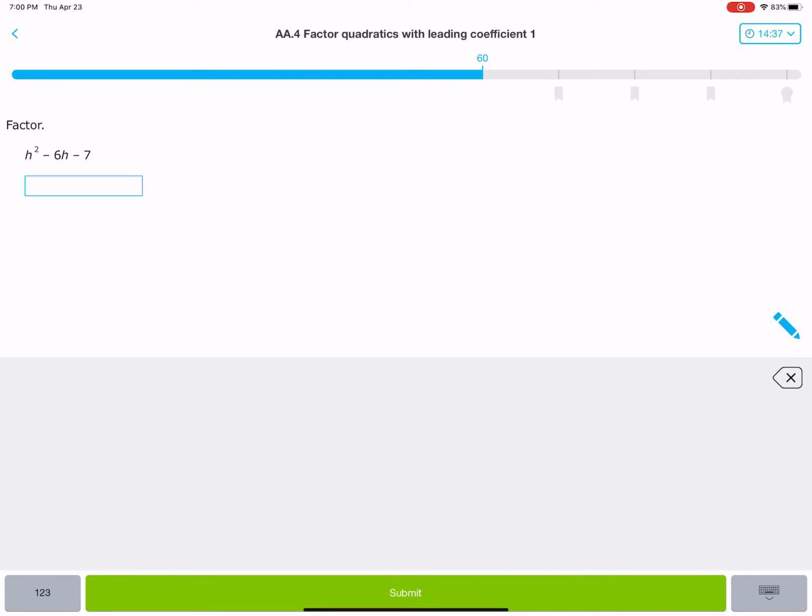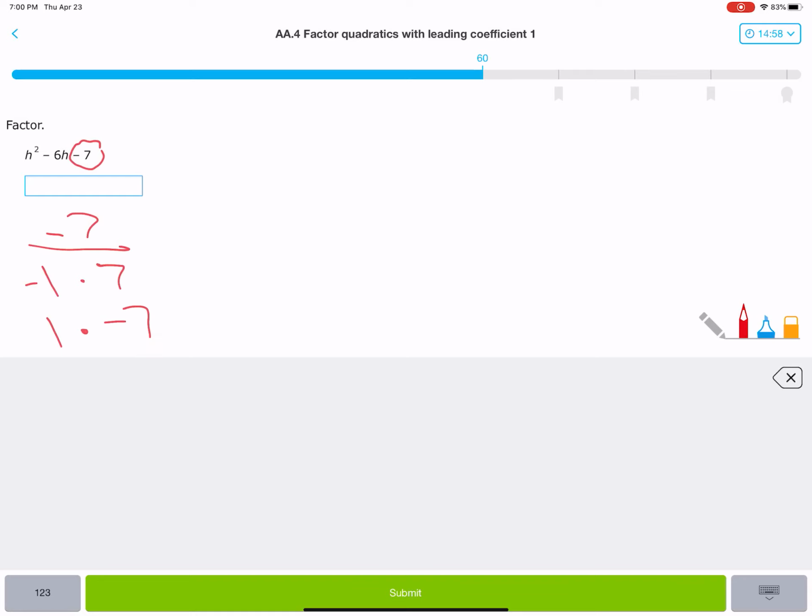Now here we have to start with a negative 7. So remember, to get a negative 7, it's either going to be negative 1 times 7 or a positive 1 times a negative 7. How do I know which one to pick? Again, look at the middle number.